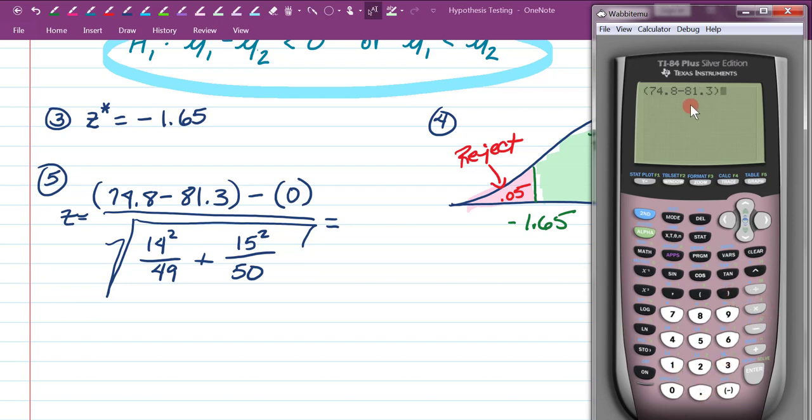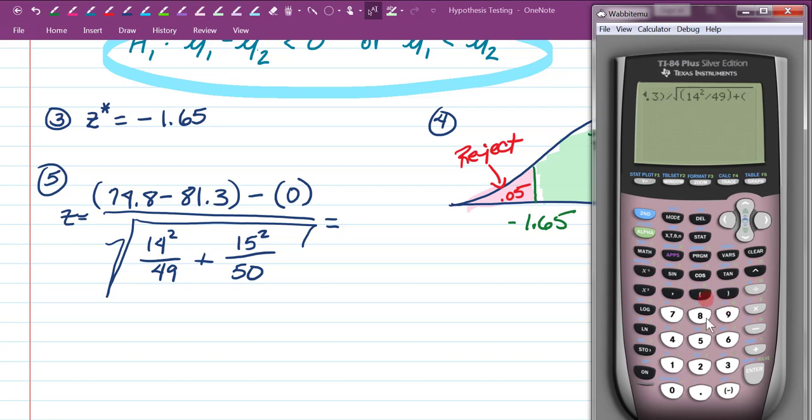So it's 74.8 minus 81.3 minus 0, which is just going to be 0, divided by the square root, parentheses, 14 squared divided by 49, close parentheses, plus open parentheses, 15.